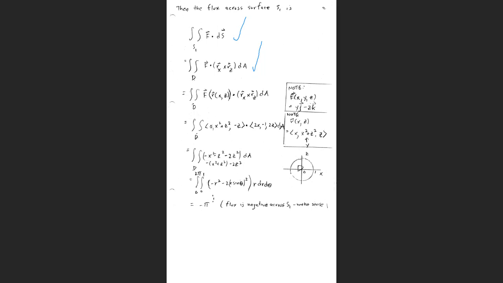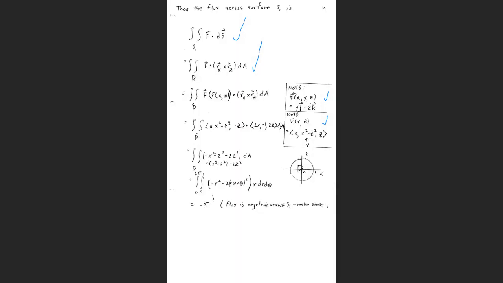I'll let you copy this. For your reference, I put the vector field F here on the right and the parameterization of surface 1 on the right. I hope everything is fairly clear. You would have to, of course, work this out, and it makes sense to use polar coordinates for this double integral. So, please work it out.